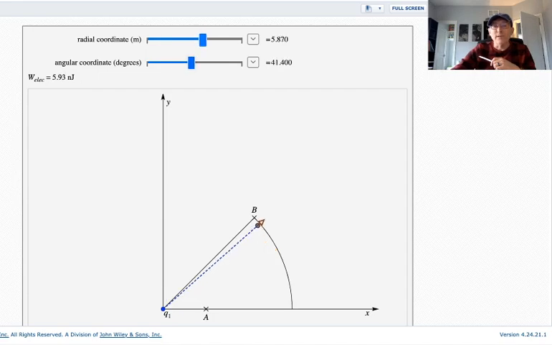You can get the point. And no matter what, look how much work is done. The same. So what I'm showing you is that the work done by the electrostatic force of one point particle on another, which is not a constant force, not a uniform force, is still path independent.